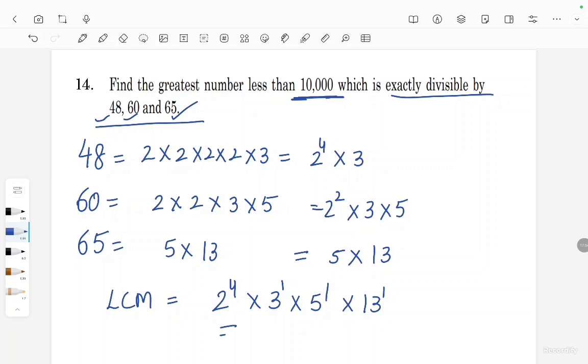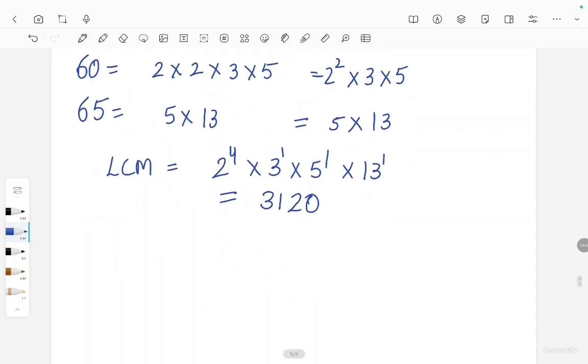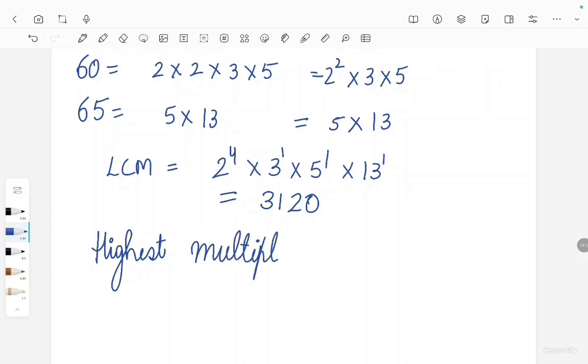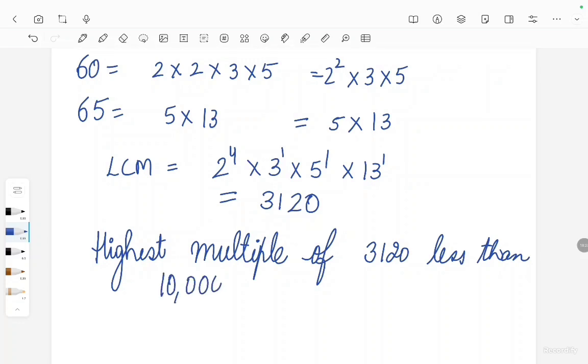Okay. On calculation, what will we get? 3120. You can cross check the calculation. Now we need the highest multiple of 3120 less than 10,000.